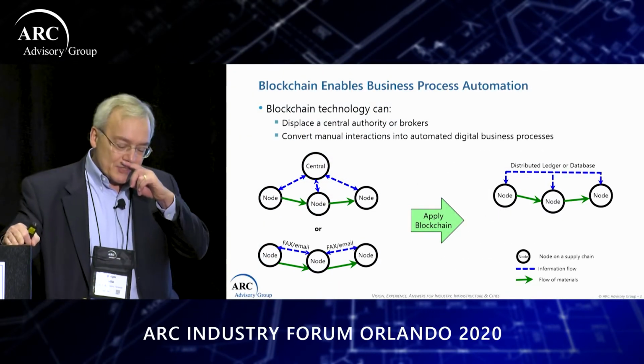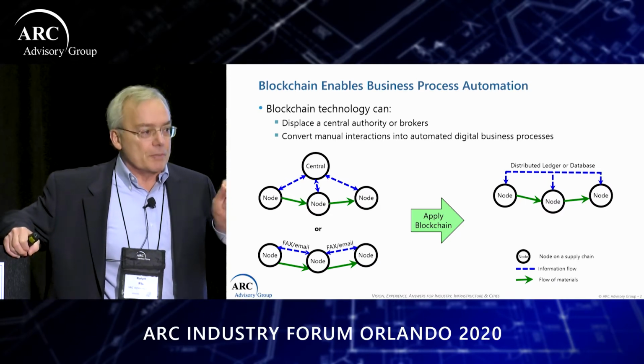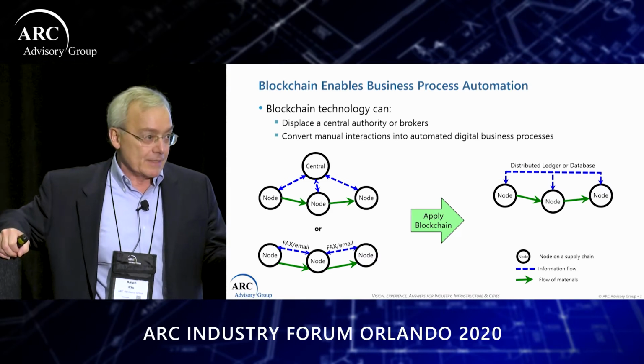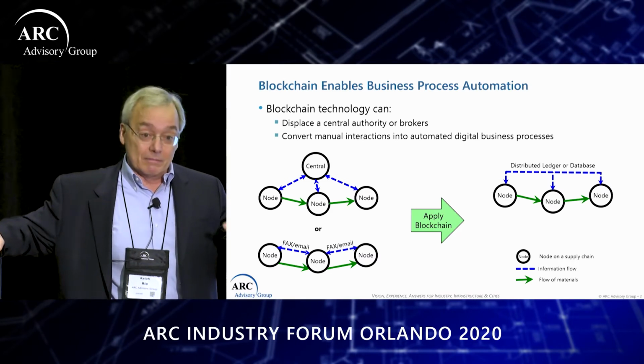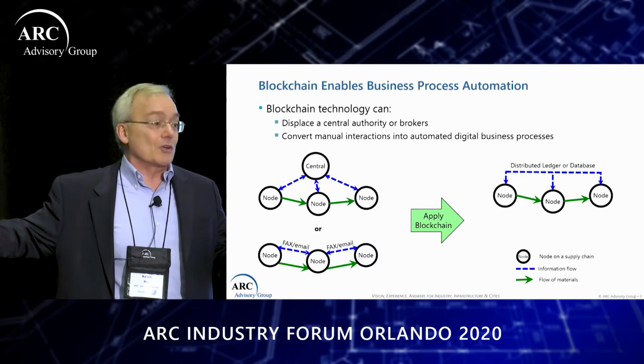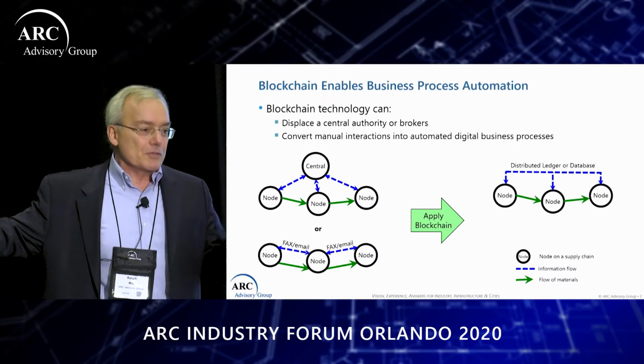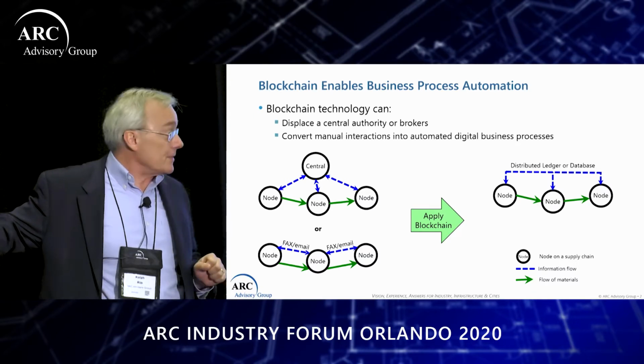So, in a nutshell, blockchain is used for business process automation among independent entities that may actually be somewhat competitors. One of my peers likes to call this frenemies, but for the most part, it's business process automation among frenemies.